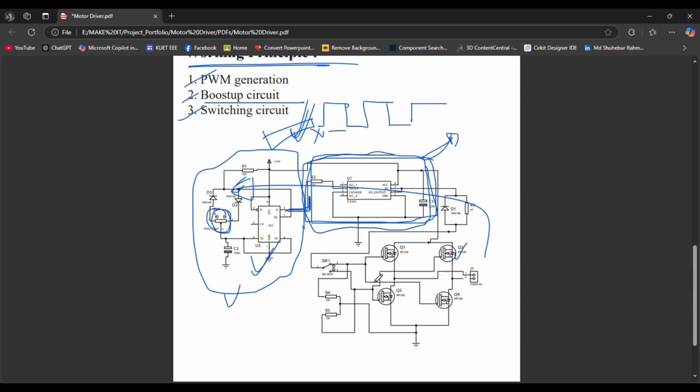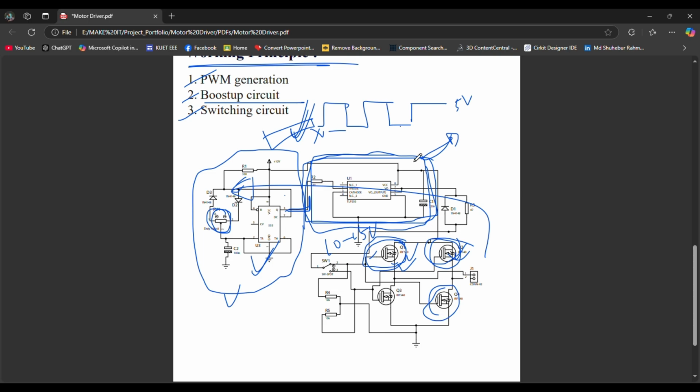Another one is boost up. You have these types of power ICs with a gate and source, and you have to give the supply to the gate and source. In a normal BJT, you can give a little voltage, and these work at approximately 1 to 3 volts. But you can't run these huge power MOSFETs with 1, 3 or 5 volts. You have to provide at least 10 to 15 or more volts to run these MOSFETs. The PWM will come at a level of, suppose, 5 volts, but you can't supply this 5 volts to these MOSFETs.